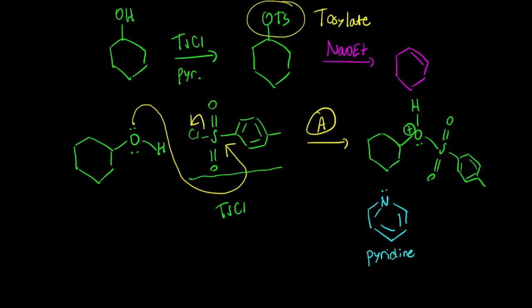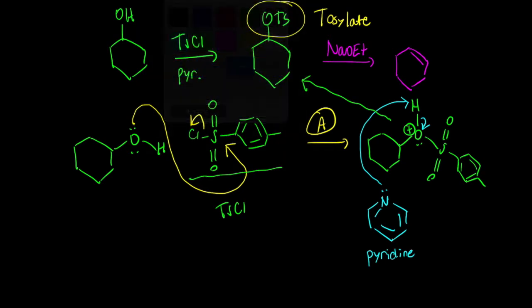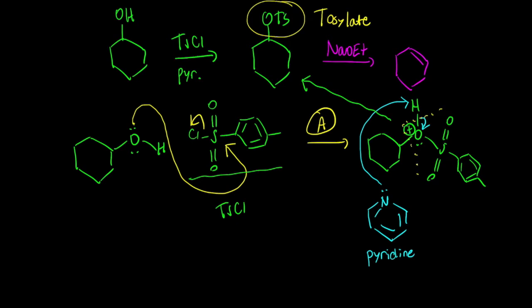And so this is a base, and it can deprotonate this guy here to give you this molecule right here. So the OTs is an abbreviation for this whole part of the molecule. Okay. So that's a tosylate. So the alcohols can be converted to tosylates, and that's a good leaving group, okay? So that's a new reaction that you should learn here in this chapter, okay?